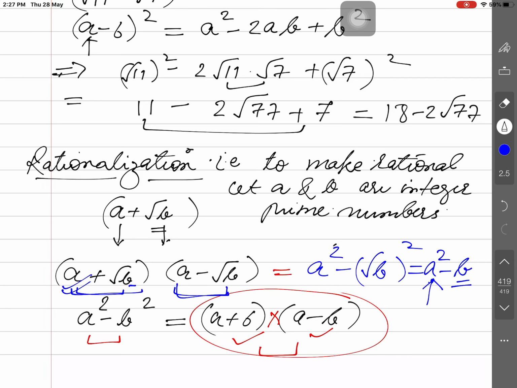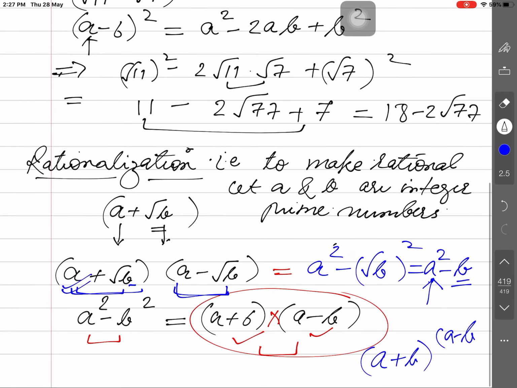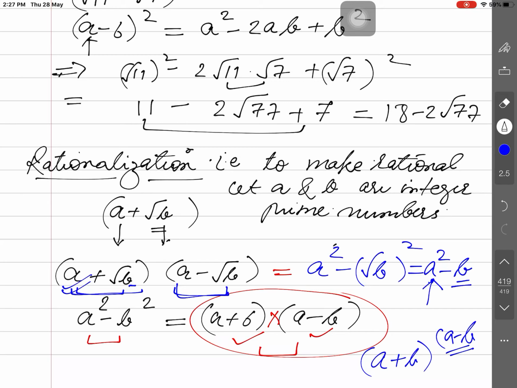You did not change the value, you only changed the sign of the second term. This is said to be the conjugate: by changing the sign of the second term, plus to minus or minus to plus, you obtain the conjugate. When you multiply a plus root b by a minus root b, you obtain a square minus b. So you may see the irrational part is becoming rational.